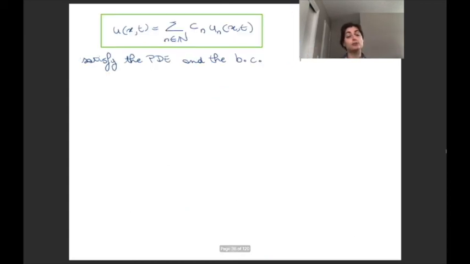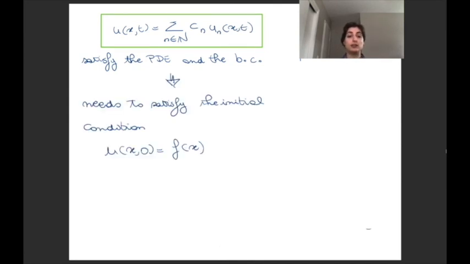So what we're left with is that u can be written as an infinite sum of some coefficient C_n times u_n. And it does satisfy the equation and the boundary condition. So the only thing we're left with, if it needs to satisfy the initial condition, is that we need u computed at (x, 0) being equal to f of x.